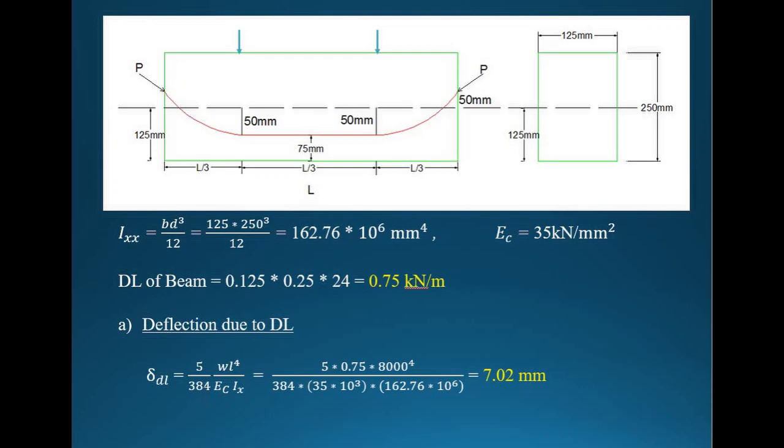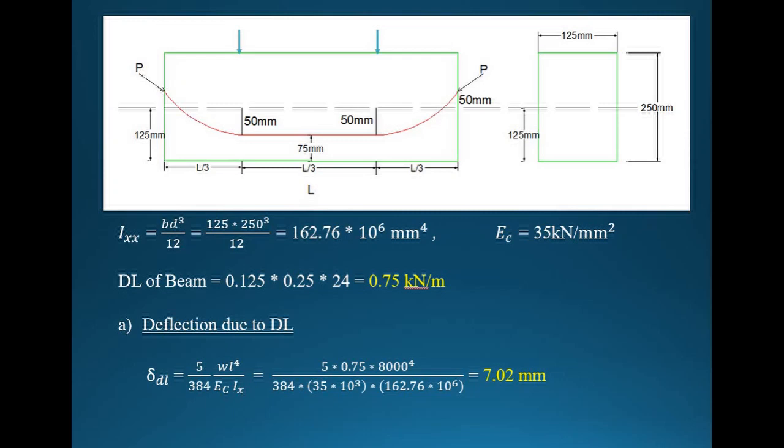Dead load means the self weight, and it will be present throughout the beam, so it acts like a UDL. So it is like a simply supported beam carrying a UDL. If it's a simply supported beam carrying a UDL, then the formula is 5 by 384 into WL power 4 by EC into IX.